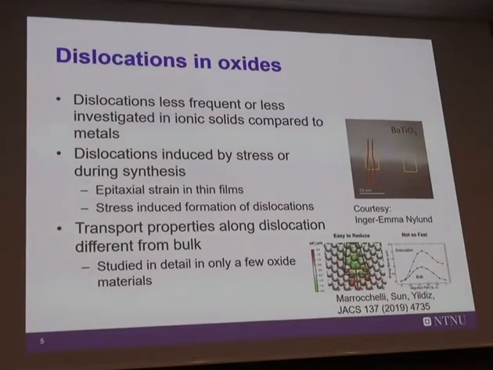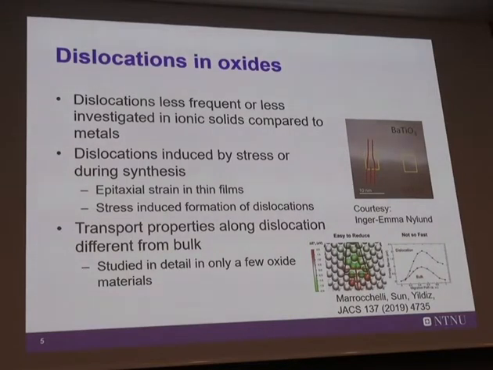Dislocations are less frequent in ionic solids compared to metals. That's an interesting topic by itself. I will not cover that to a large extent, but for example, we can introduce dislocations by stress, which is typically also found in metals. If you do work hardening and so on, you introduce a lot of dislocations in metals.